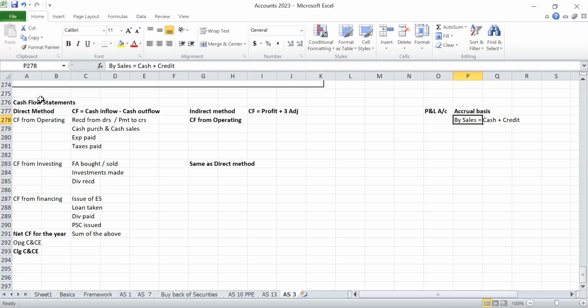To purchases, this is also cash plus credit. To expenses, paid plus payable. By income, received plus receivable.